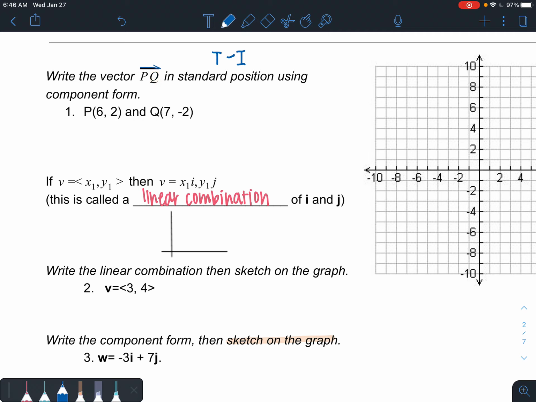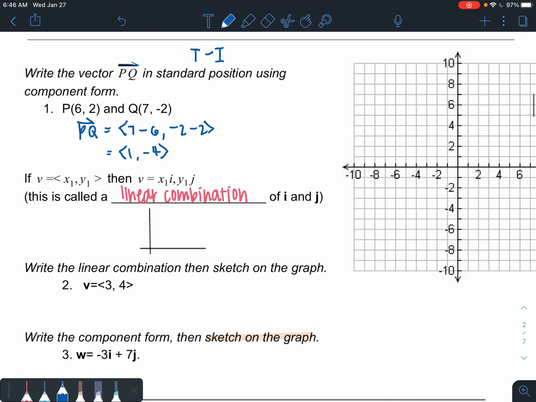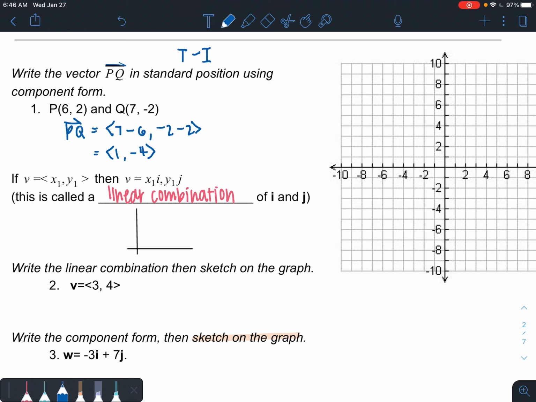So I'm going to take Q minus P. So vector PQ is going to be equal to 7 minus 6 and -2 minus 2. All right, and to simplify, 7 minus 6 is 1, -2 minus 2 is -4. So there's that.